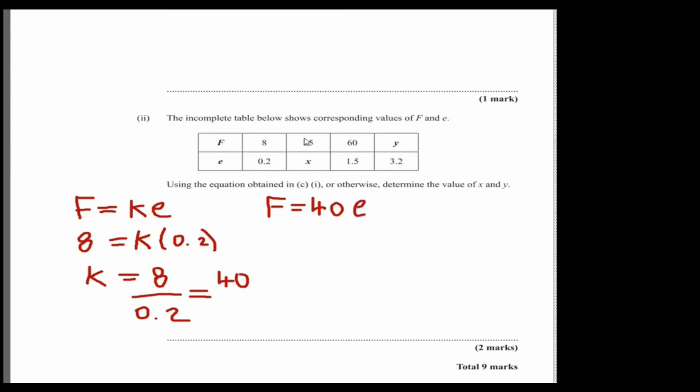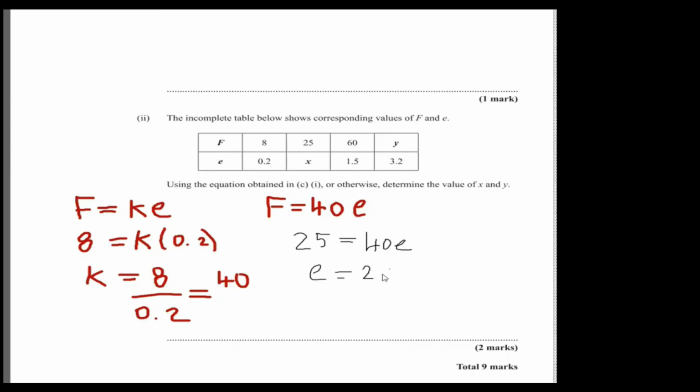So look at this now. This one gives us the force and asks us to find the extension. So let's do it in a different color. Let's use black. So when the force is 25 now, we have 25 is equal to 40E. And so we can divide both sides by 40 now to say E is 25 over 40.